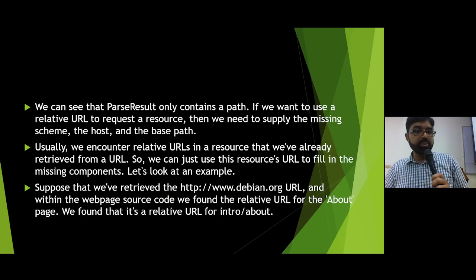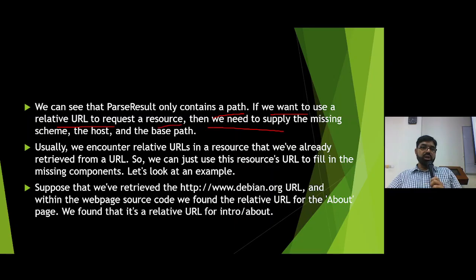We can see that the parse result only contains a path, and if we want to use a relative URL to request a resource, then we need to supply the missing scheme, the host and the base path. Usually we encounter relative URLs in resources that we have already retrieved from a URL, so we can just use the resource URL to fill in the missing components.